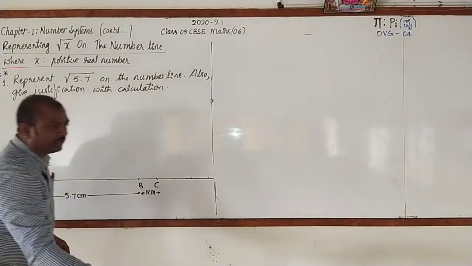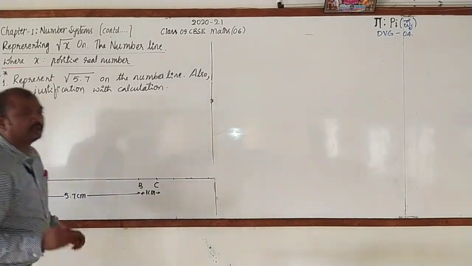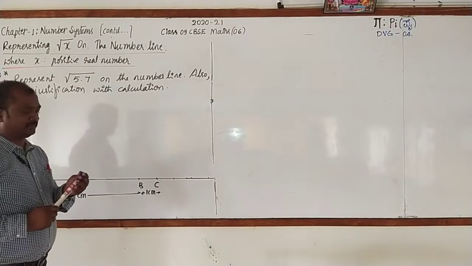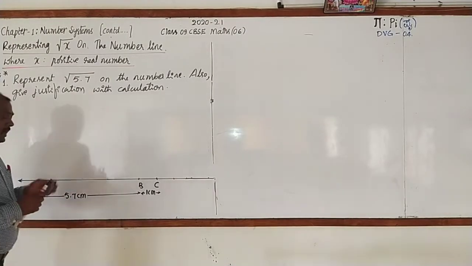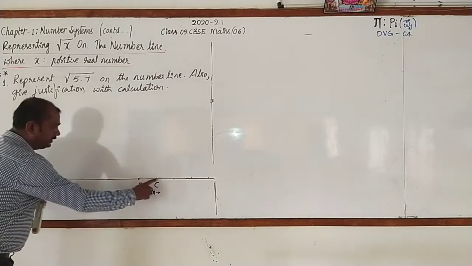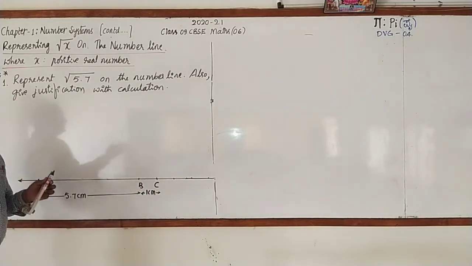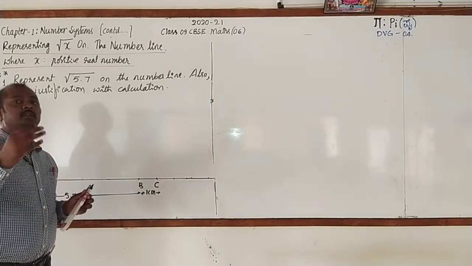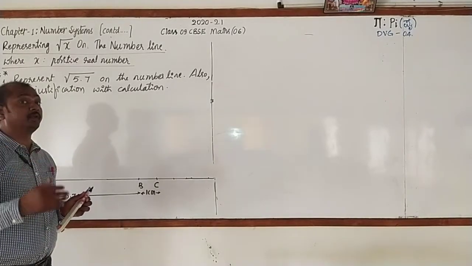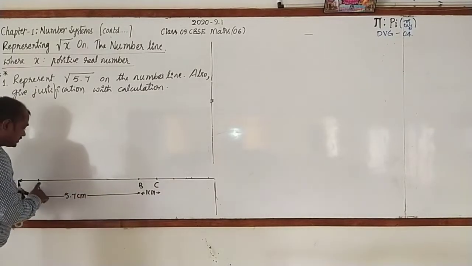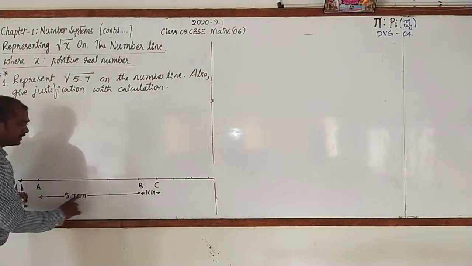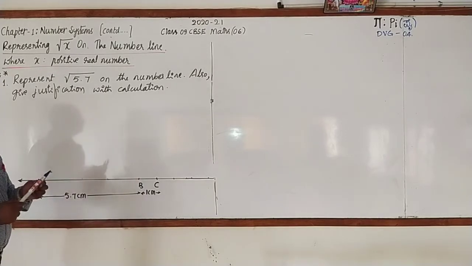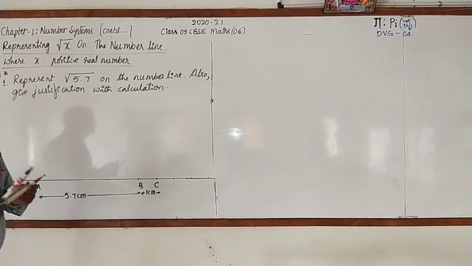Now you have to use the compasses and mark the midpoint of AC. If it is just 10 centimeter, we can mark 5 centimeter. If it is 11 centimeter, 5.5. But here, what is the length from A to C? 5.7 plus 1, 6.7, so the midpoint is not easy to read. That is why we need to use compasses.